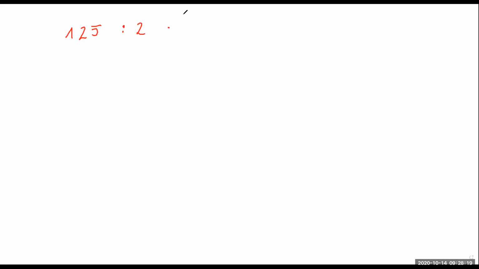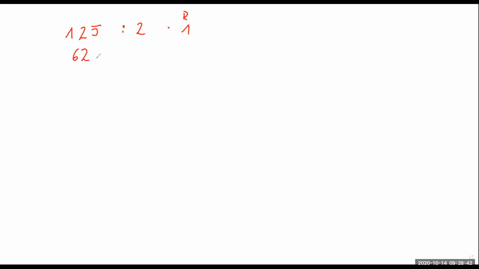So here I have the remainder. How much is it? The remainder is 1. So 125 divided by 2 gives 62.